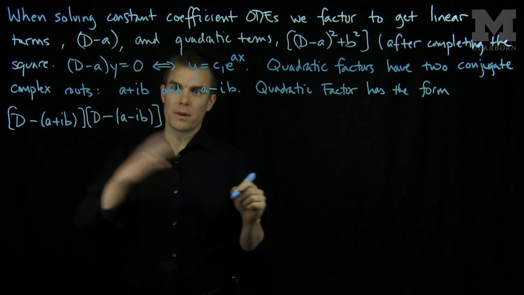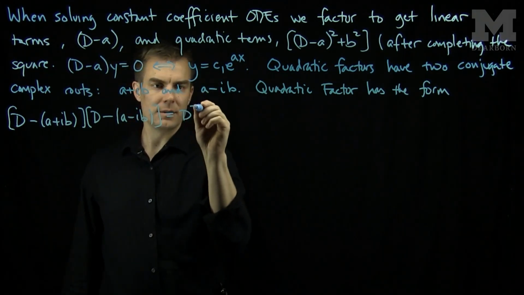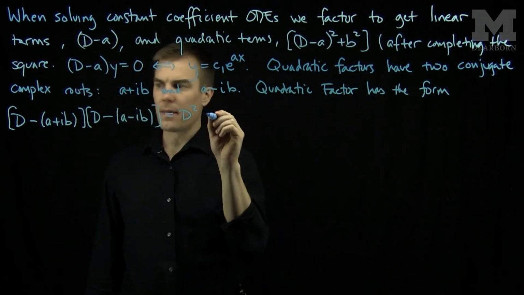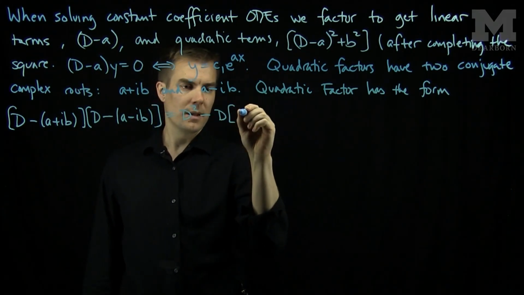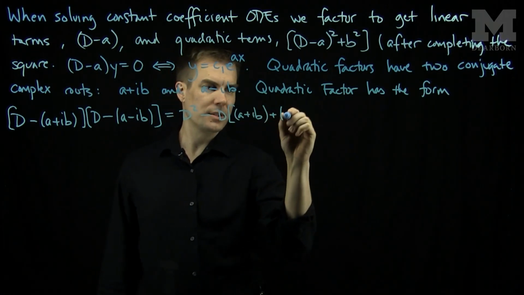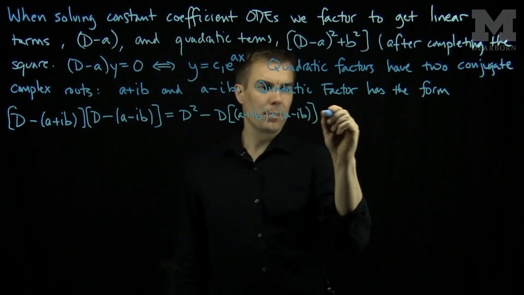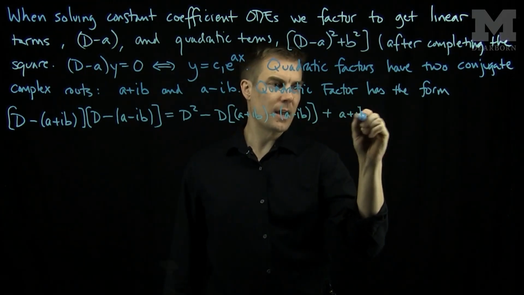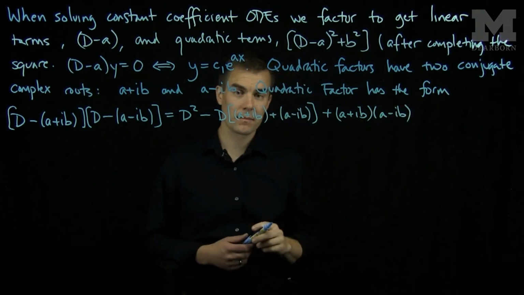Let's proceed with the algebraic foiling of this expression to get d squared, and then we'll have minus d times a plus ib plus a minus ib, and finally plus a plus ib times a minus ib.